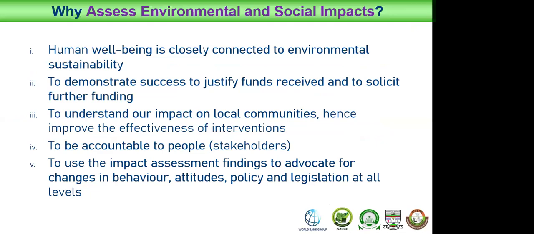So on the idea of assessing environmental and social impacts, continuing, okay, we know that human well-being is also connected closely to environmental sustainability. This is the reason why poverty and environmental degradation are closely related. So, in situations where there is poverty, the citizens or the members of the community will rely heavily on natural resources that are free in order to survive.